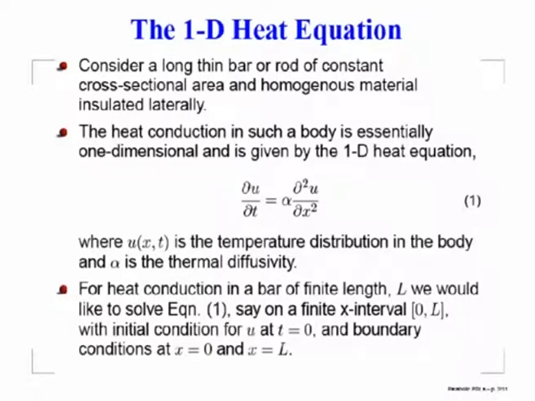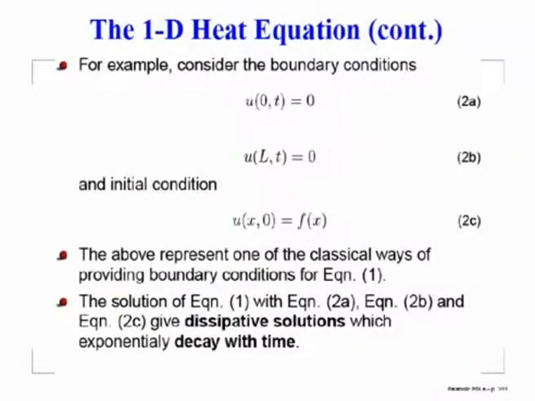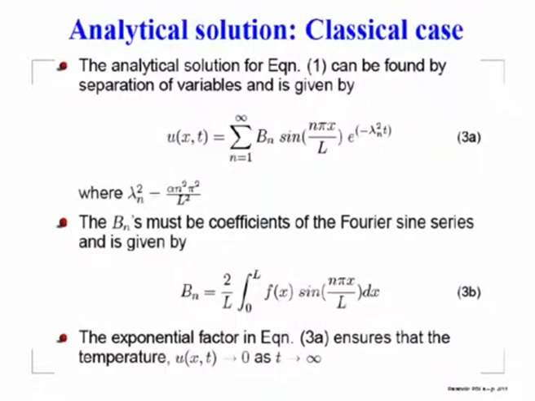Now, if I am solving in that finite domain between 0 and L, with the boundary and initial conditions like what we talked about before, then we have this classical way of providing a solution which gives a dissipative solution that exponentially decays with time. This you must have done in your first course in PDE, where you split the solution by separating the variables into two parts.